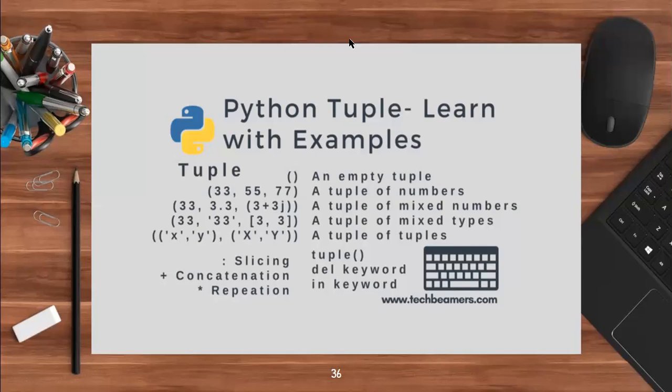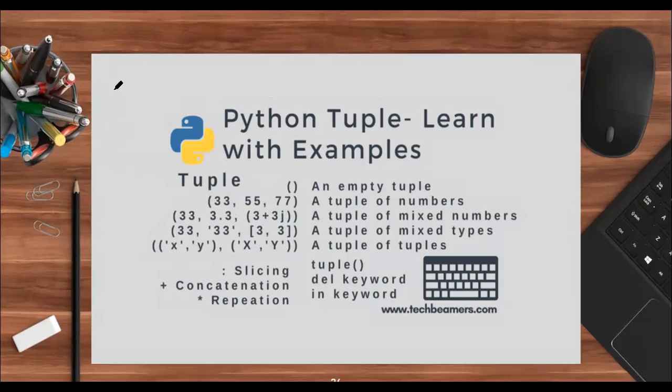Since tuples are immutable, you must remember that you cannot change it. So suppose let's say this is my tuple. Let's say A equals to one of this, for example.